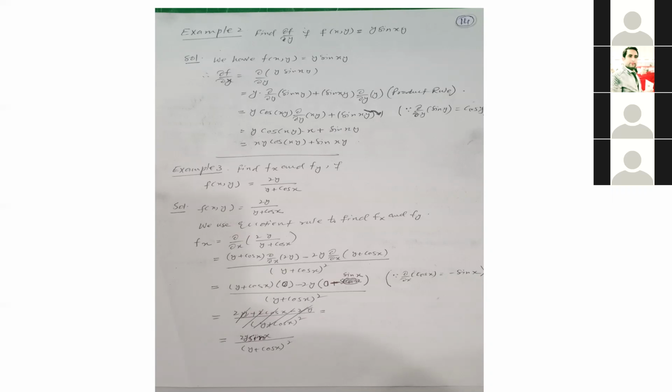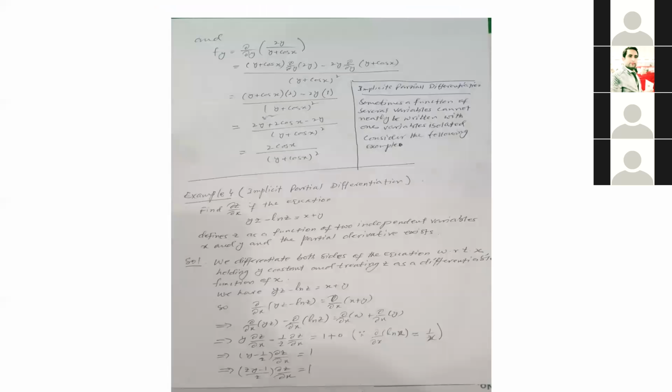And now derivative of the same function with respect to y. We have this fy. And on the right hand side, you have del over del y. Okay, let me move to the next slide.